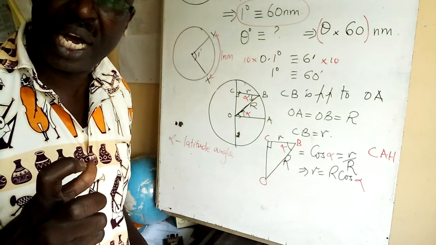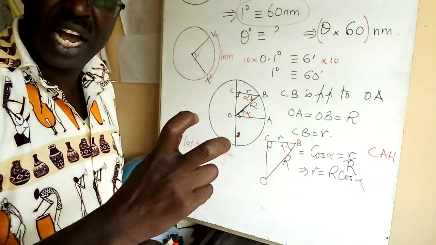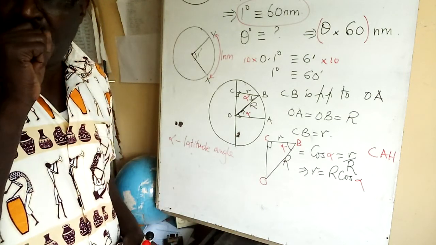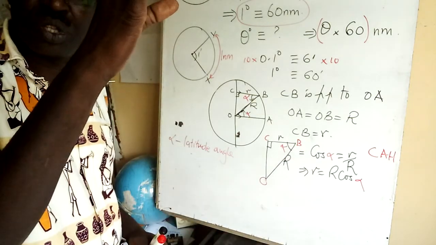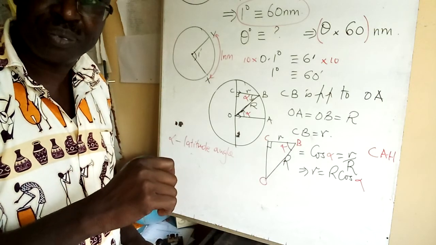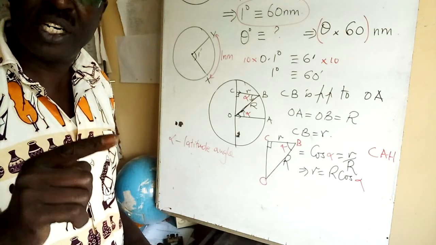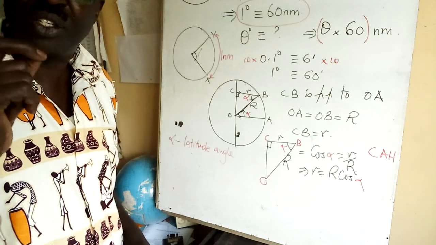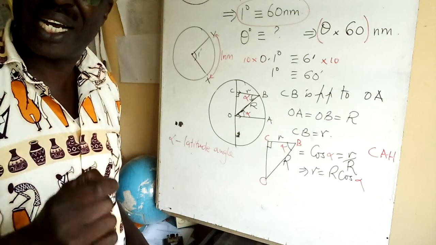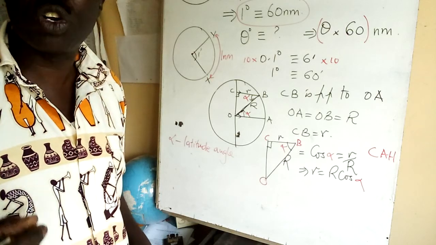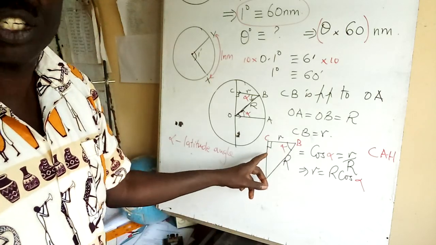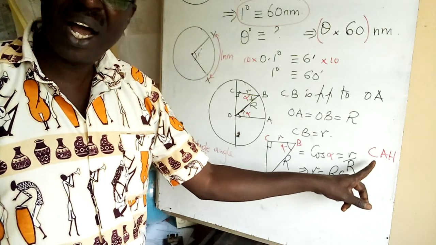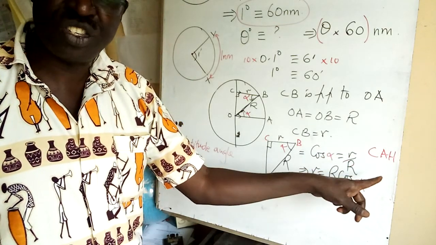How do you know latitude angle? It is a figure expressed with N or S. 20 degrees north, then 20 is latitude angle. 50 degrees south, then 50 is latitude angle. A latitude angle is expressed with either north or south. So using SOHCAHTOA, you can pick the CAH.